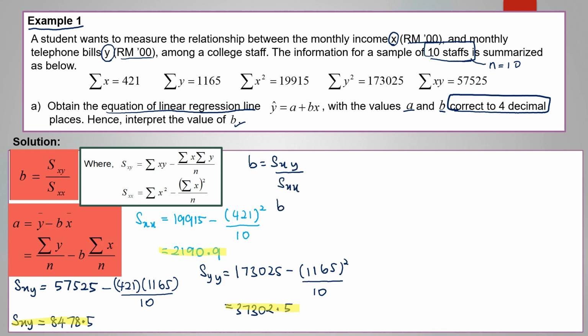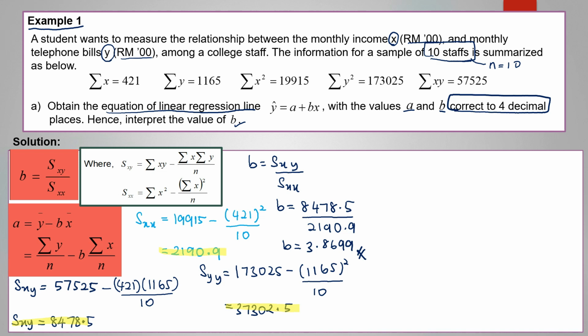So, our value of b would be equal to 8,478.5 divided by 2,190.9. So, the value of b would be equal to 3.8699. So, this is the value of b.